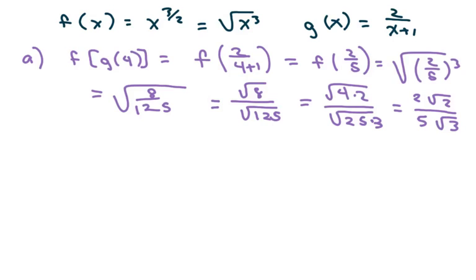Now, what we're going to do here is rationalize the denominator. So you're going to get 2 square root of 2 over 5 square root of 5. Oh, this should be 5. Sorry.